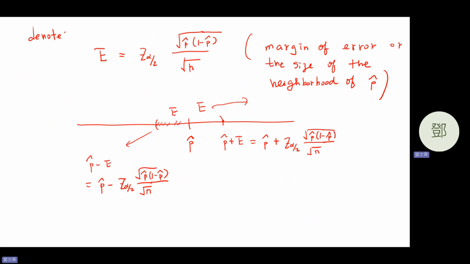This is the neighborhood on the right and the neighborhood on the left. So this is the margin of error.